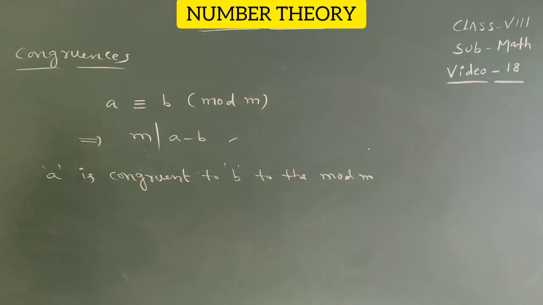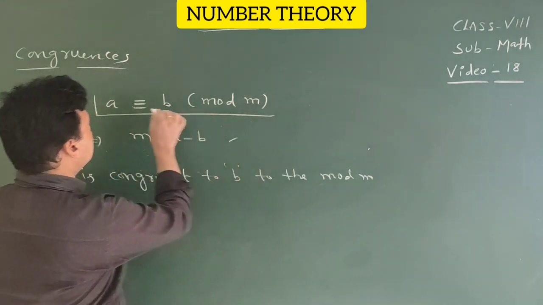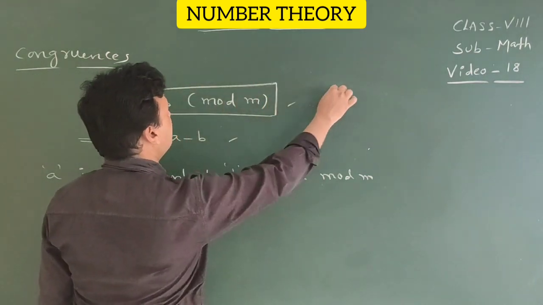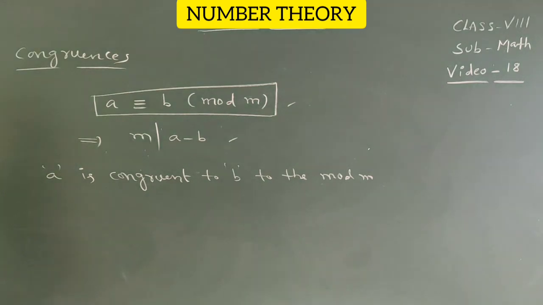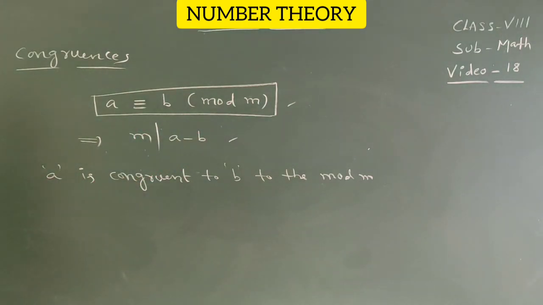A congruent to B mod M means M divides A minus B.